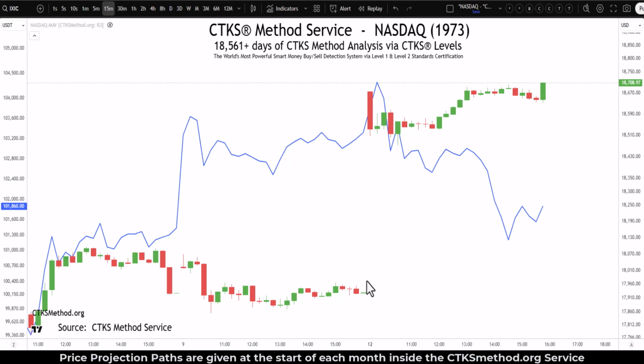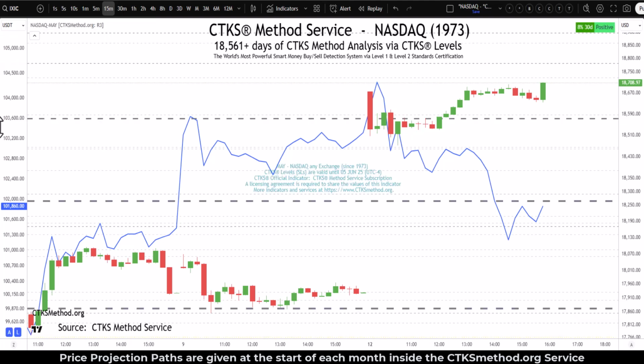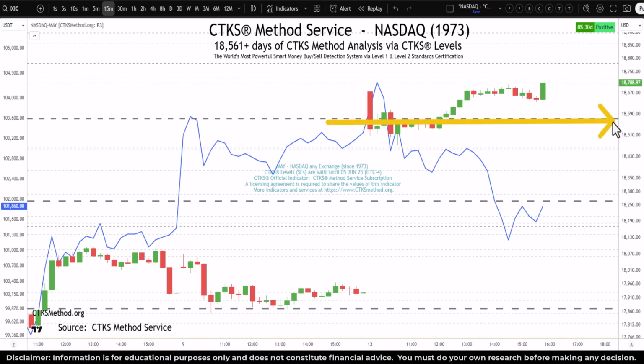Now, the real question, why did it jump up and why didn't it just keep on going? The answer is always the same. It's all about structure. So when we look at the structure on the Nasdaq, we can see it had overhead structural resistance around that 18,590 level. This particular area was a really good confluence because you can see all of these structural support levels.